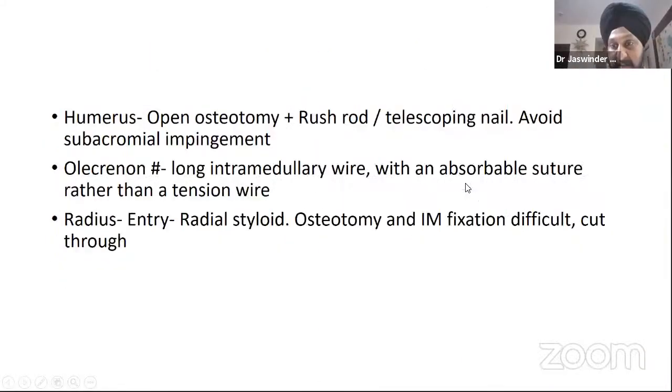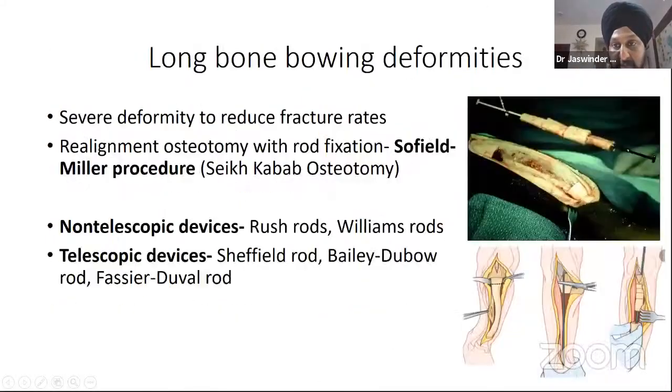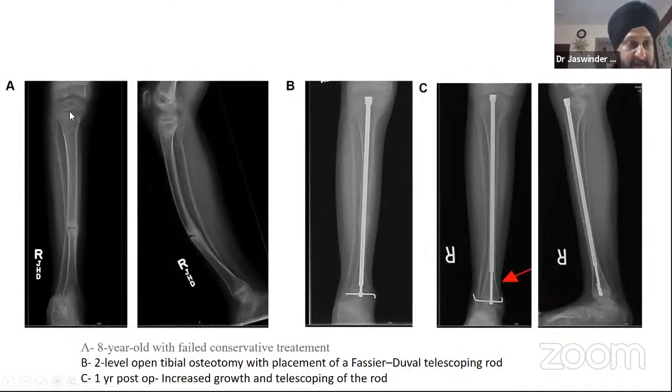I'll show one of the X-rays also. In this child who had a fracture of the mid-third, lower third tibia, that is a telescopic nail. The proximal one is the female rod, and the distal one is the male rod. Some kind of interlocking is given there, and it is fixed in the epiphysis of the tibia.